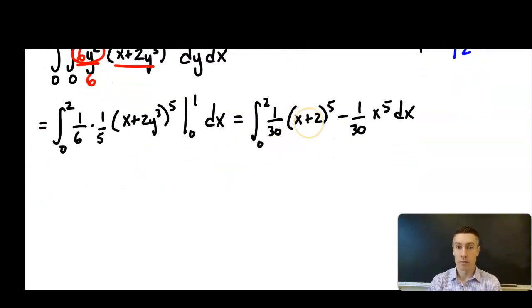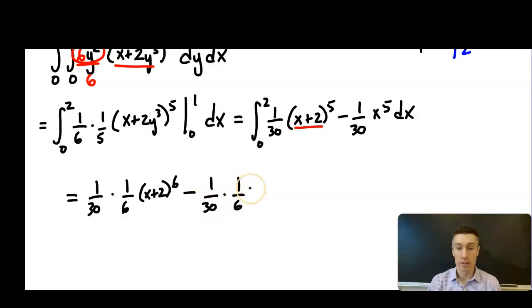Now we integrate this one, the first term rather, with the x plus 2. Right? It might need a u substitution type problem, but du would be 1, so we're good. Okay, think about u to the fifth, integral would be u to the sixth over 6. So 1 over 30 times 1 over 6 (x plus 2) to the sixth minus 1 over 30 times 1 over 6 x to the sixth, evaluated from 0 to 2.